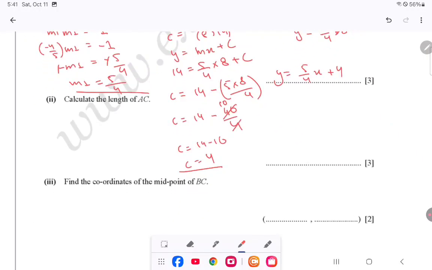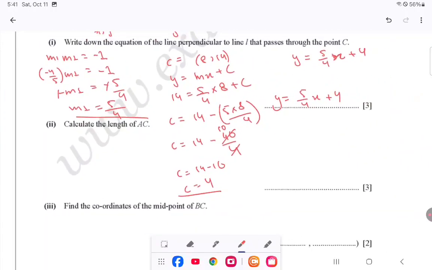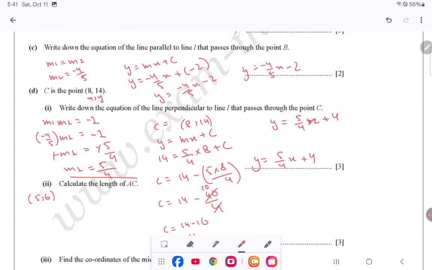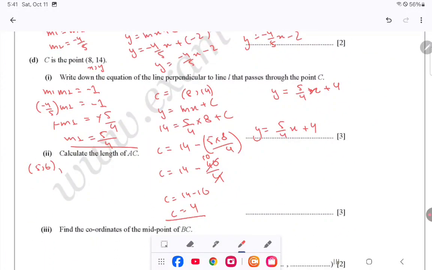Calculate the length of AC. For that, the value of A is given, which is (5, 6), which we just calculated in the first part, and C is also given, which is (8, 14).